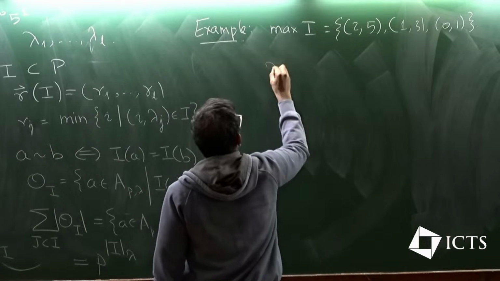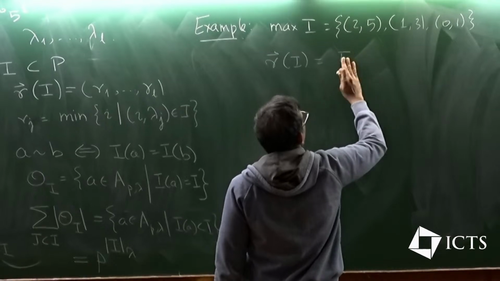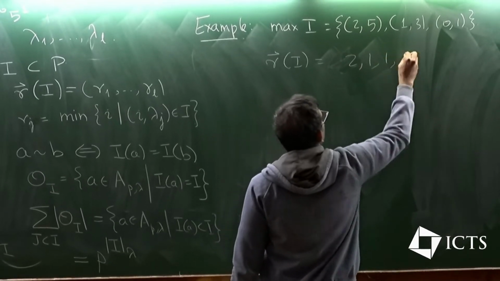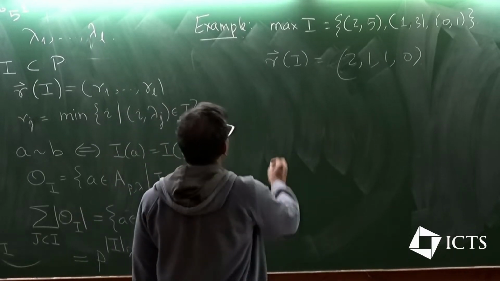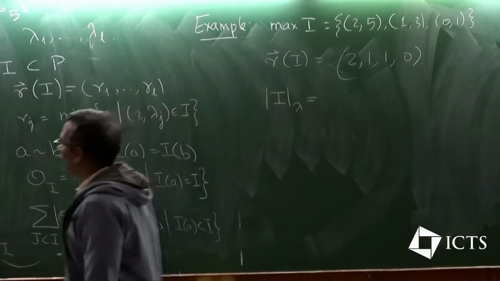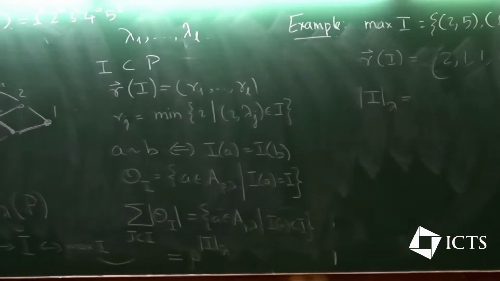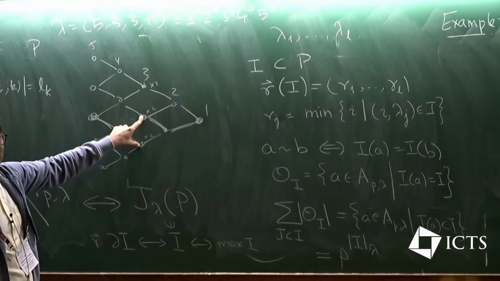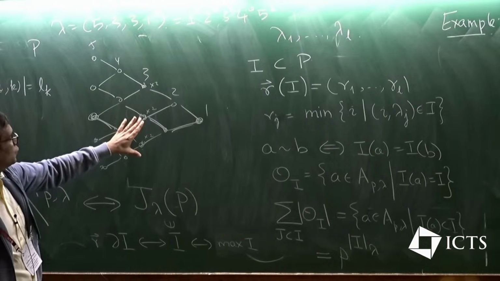And the boundary of I is 5, 2, 1, 1, 0. And what is the size of I? So it's the number of points in the ideal, counted with their multiplicity. So here there's 3 points. Here there are 2 points, right? (1, 3) and (2, 3), but they must be counted twice. So that's 4. So 3 plus 4, 7 plus 1, 8.